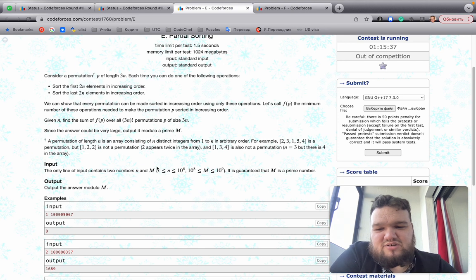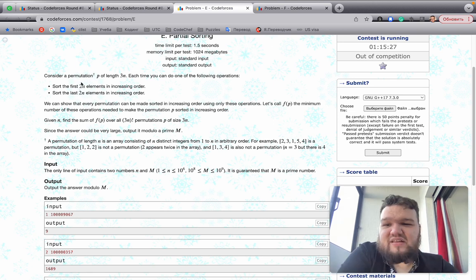Okay, so we are given a number n and a prime number modulo which we have to calculate the answer. We're looking at all the permutations of length exactly 3n, and we can do the operations like sort the first 2n elements in increasing order and sort the last 2n elements in increasing order.